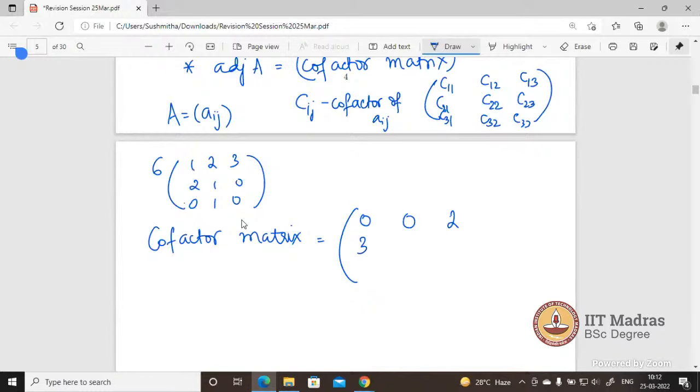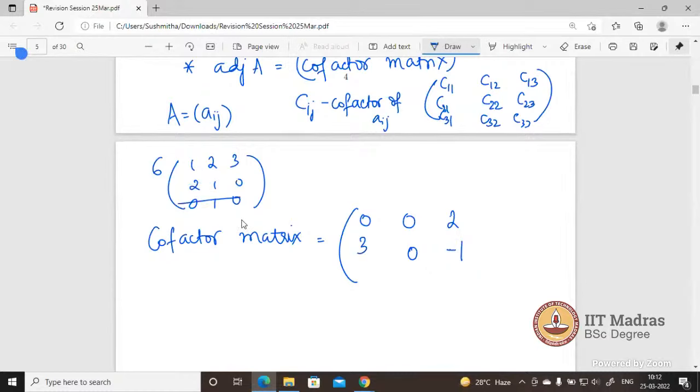Then the next entry is 0, 1 into 0, 3 into 0. And this entry is minus 1. 1 minus 2, so I have to multiply by a minus sign, so minus. Okay.